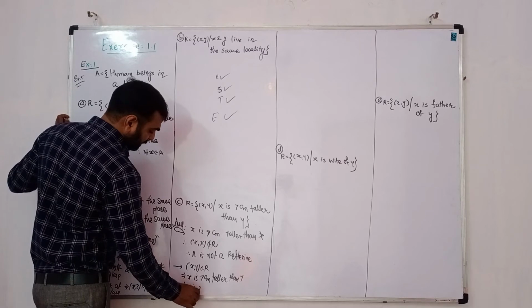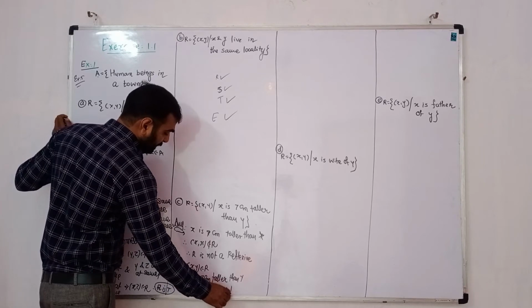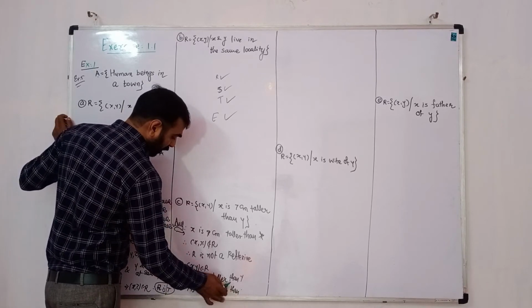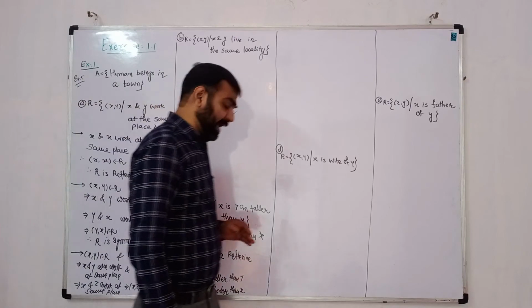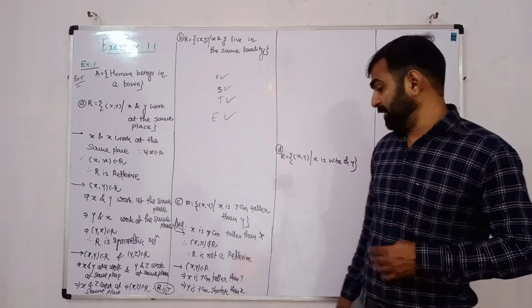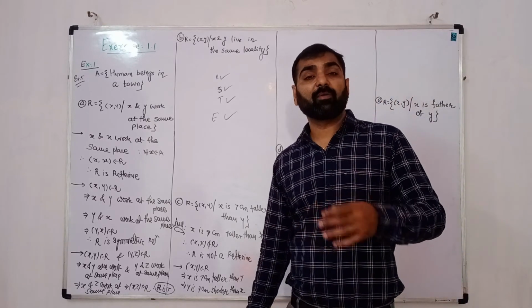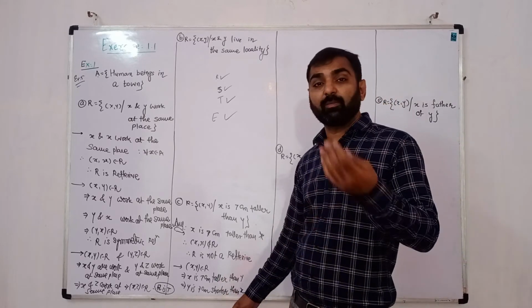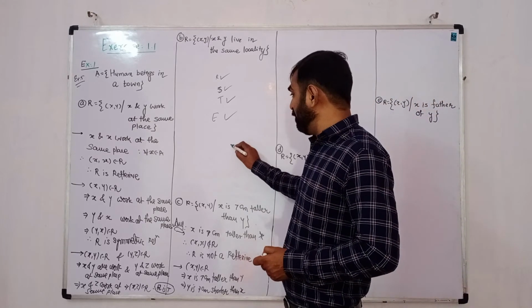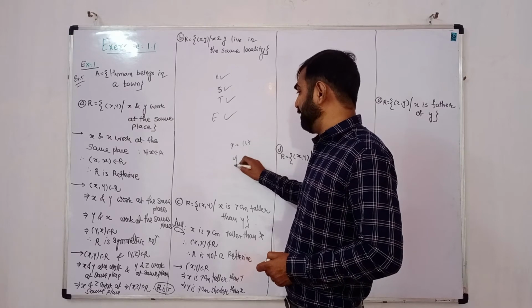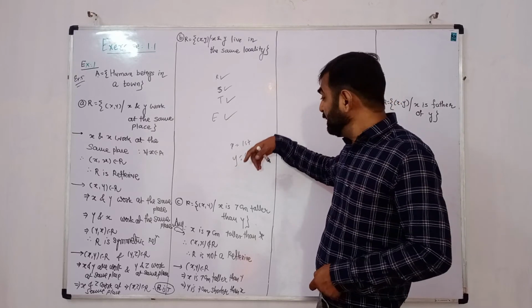So y is 7 centimeter shorter than x. क्योंकि x is 7 centimeter taller than y. मान लो y की height for example 150 centimeter, तो x निकले जैसे 7 centimeter than y, that is 157. ओके, तो x की हाइट क्या होगी, x होगा 157 और y होगा 150.